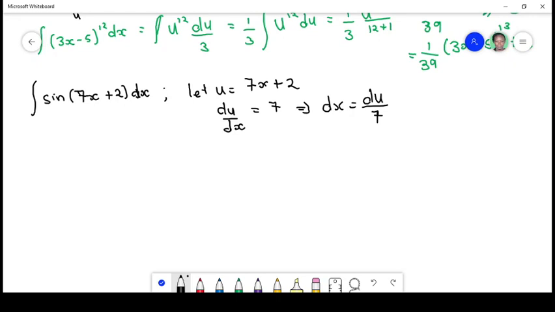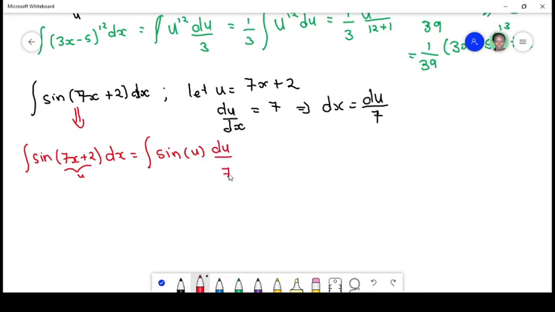If I want to write this integral now in terms of u, the integral of sine(7x plus 2) dx is going to be the integral of sine u, where dx is du over 7. So let's bring our constant out: 1 over 7 times the integral of sine u du.